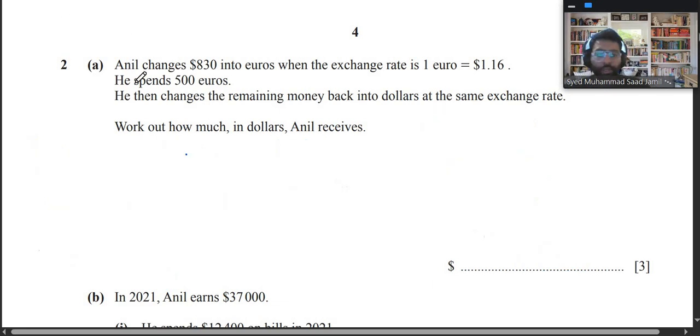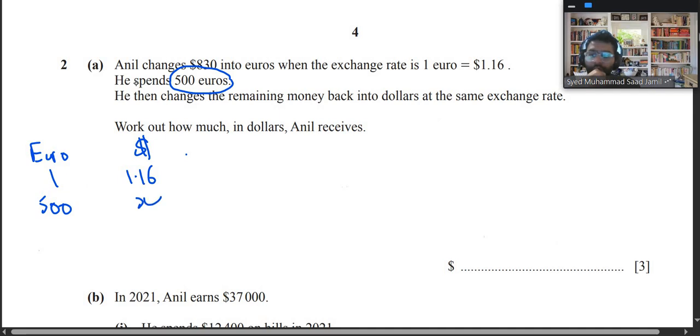Now I'm going to tell you guys the second method to do this question. This method is way quicker, but of course every student understands things differently. So as teachers we have to do all the methods. So the other method is you convert 500 euros into dollars first. Euro, dollar, 1 is to 1.16. There are 500 euros. We change it into dollars.